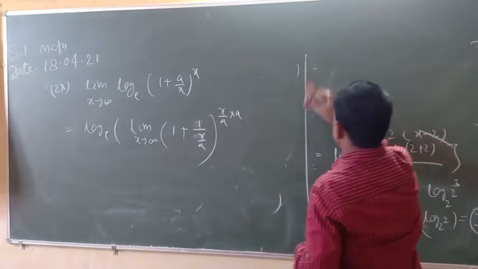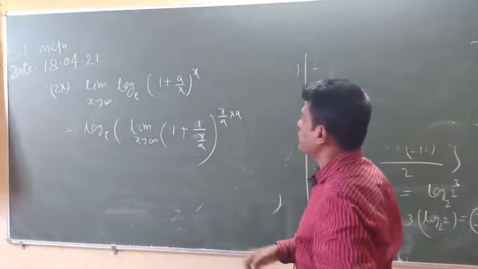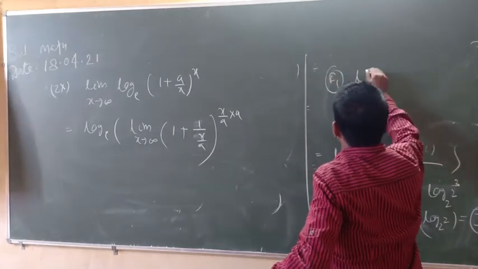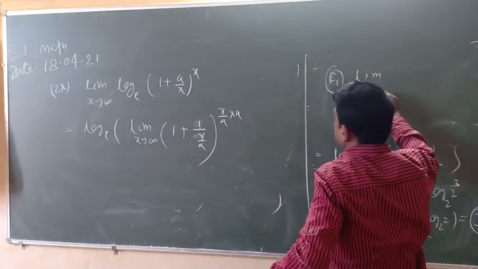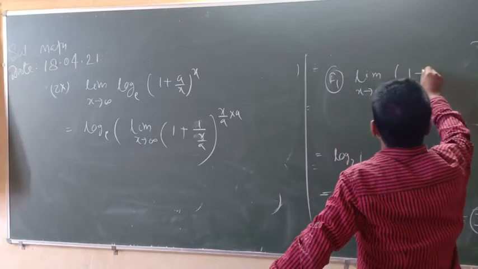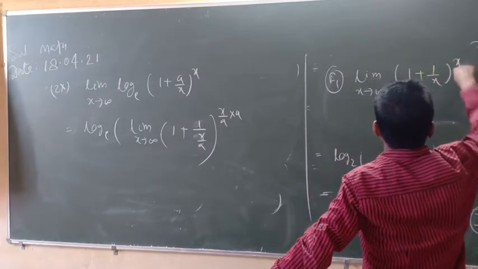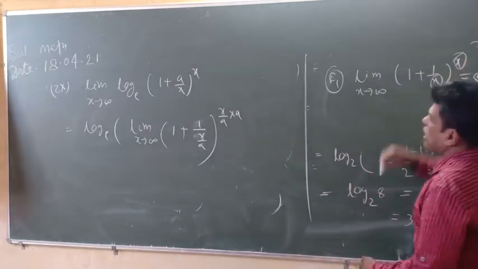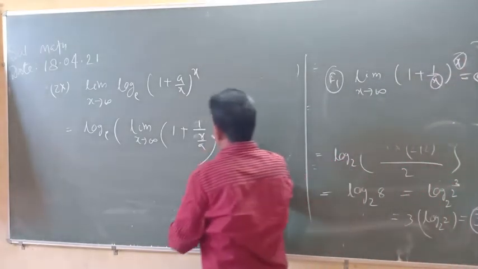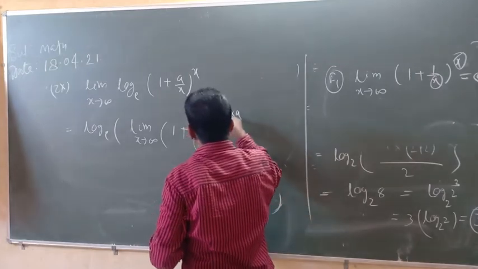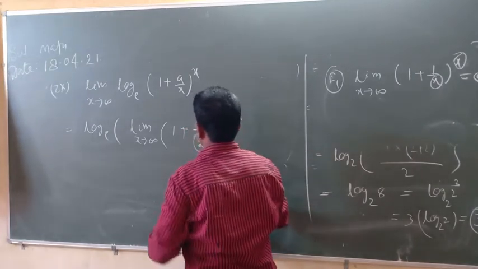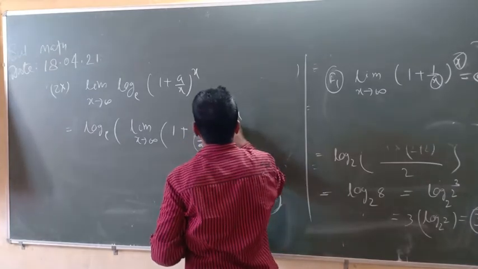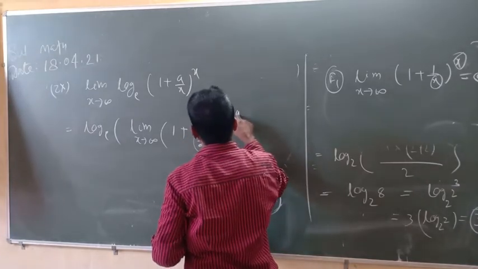I have already remembered this formula: limit x tends to infinity of 1 plus 1 by x to the power x is equal to e. That value and this value are the same. Here the exponent is x by a, so we have used x by a into a.